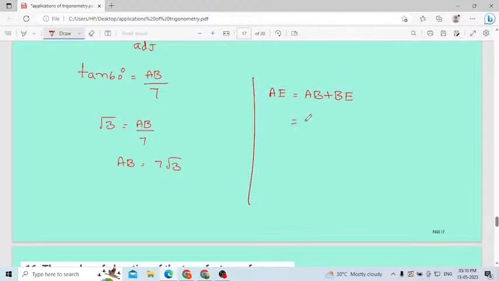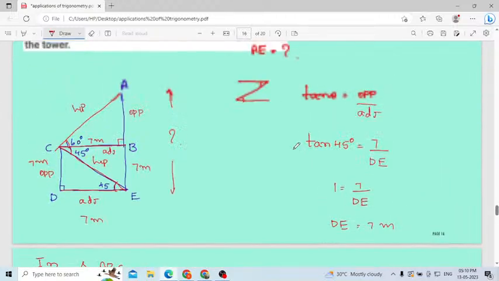You know the value of AB is 7 root 3, BE value is 7. Take 7 as common: root 3 plus 1 meter. This is the height of the tower we calculated, 7 into root 3 plus 1 meter.